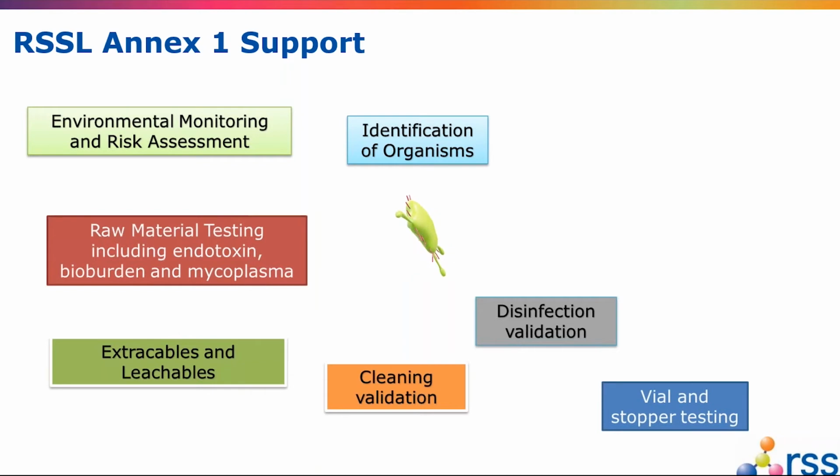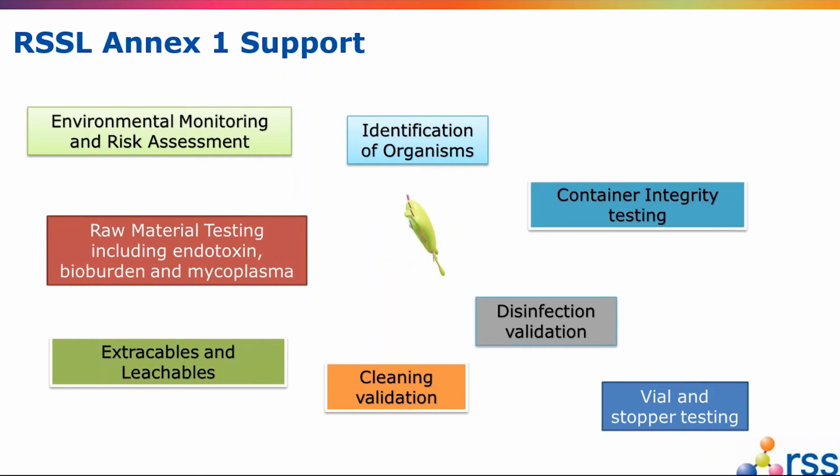We mustn't forget that those vials and stoppers that are so important for sterile manufacturers need to be tested, and RSSL can help you with that. If you want to find out more about how we do that, Rizwan Chaudhry has done an interview with some of our scientists, and if you go to the RSSL LinkedIn feed, you should be able to find this.